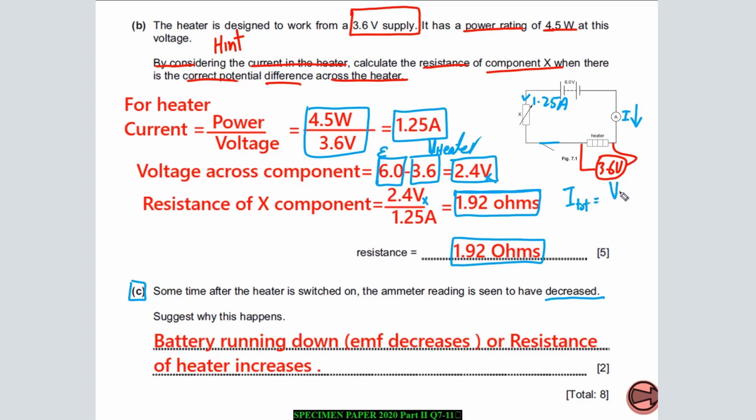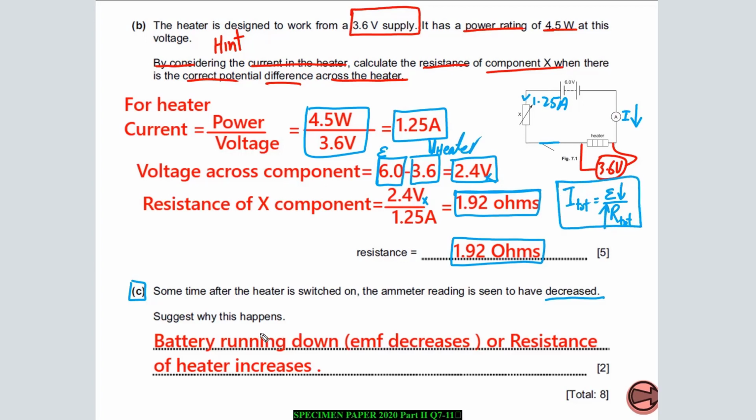One thing, it depends on the total voltage, meaning the EMF of the battery. Or it depends on R total in the circuit. So this can go down or this can go up. If you have understanding of this, then simply we can answer.